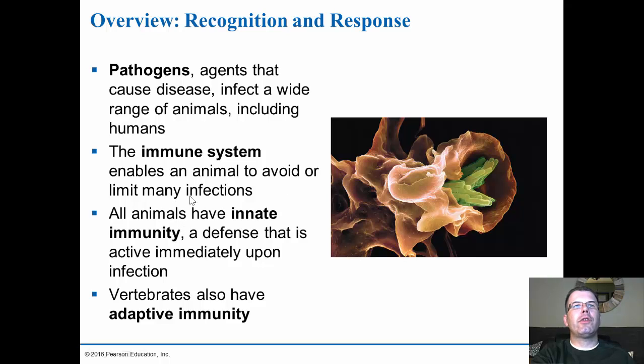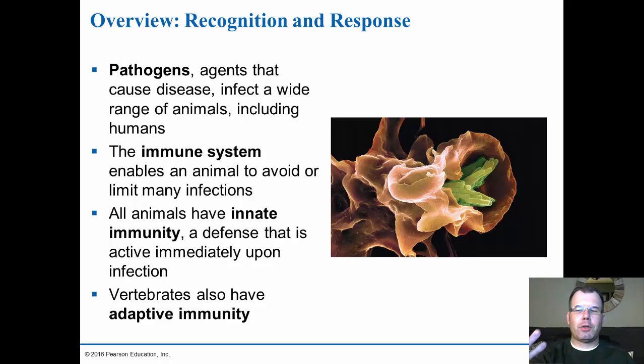Now, again, our immune system enables an animal to avoid or limit many infections. And again, all animals have innate immunity, which is a defense that's active immediately upon infection, as well as birth. And so it's one of those things you're born with, and you have these sets of features to keep you safe. The adaptive immunity is something that's only found in vertebrates.